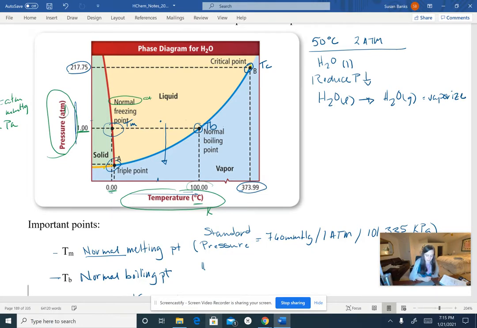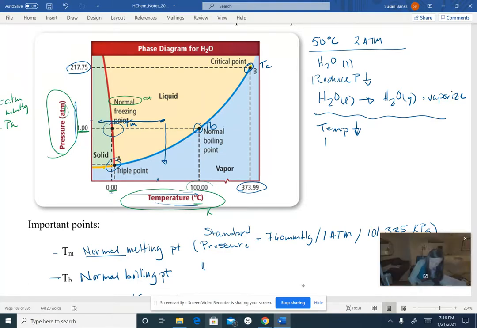Let's do another scenario. What if I start once again right back here at 50 degrees Celsius and 2 atmospheres, and I decrease the temperature? Now our temperature is along the x-axis. So if I decrease the temperature, I eventually will go from the liquid state to the solid state.